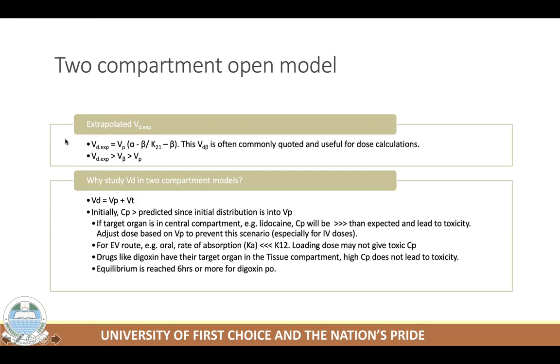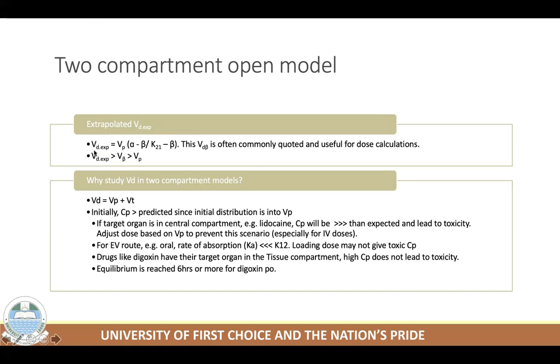Now, I said that there were 5 volumes of distribution that we're going to talk about. The extrapolated volume of distribution is a volume generated by dividing the dose of the drug by the intercept obtained on the y-axis on extrapolating the terminal phase of the plasma level curve to the y-axis. Okay, now this is done basically just to get those calculations done. But note that the extrapolated volume of distribution usually gives us the largest answer.